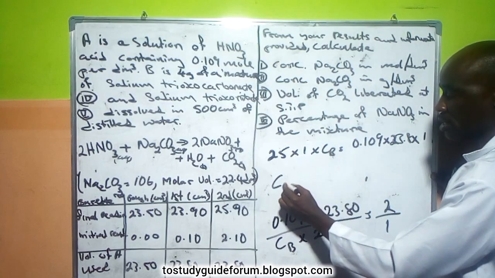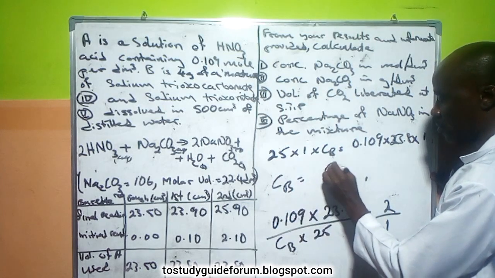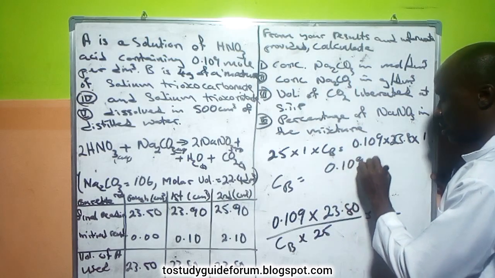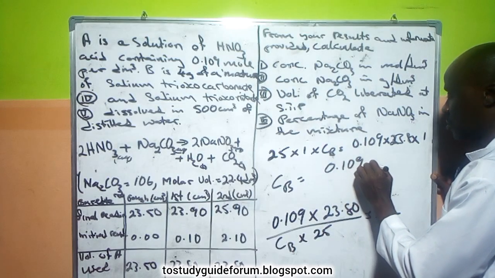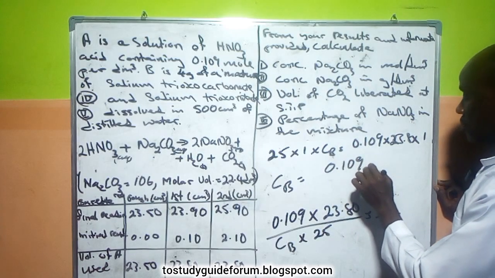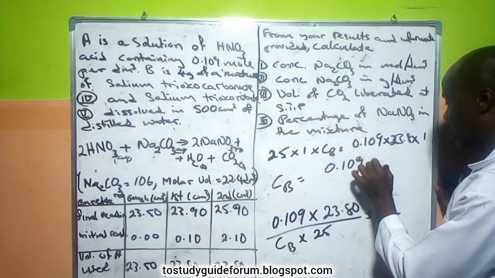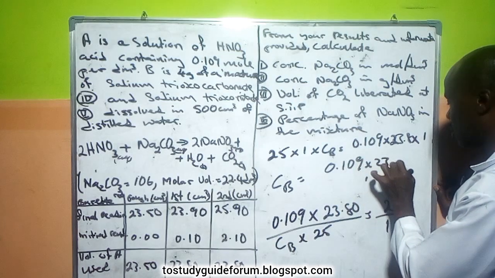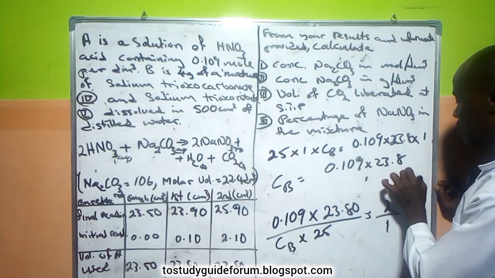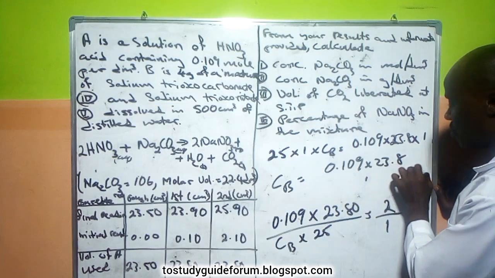Making CB the subject of the formula, 1 will not make any difference here.